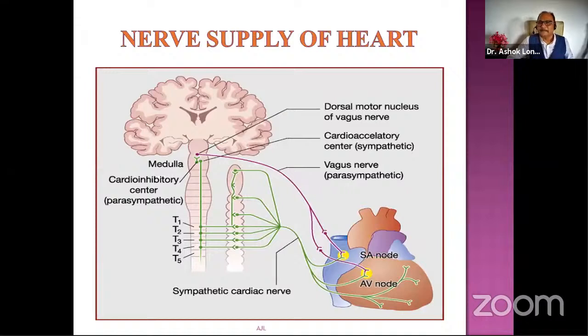Now, the nerve supply of the heart. You know there are two important nerves, sympathetic and parasympathetic. Here you get the sympathetic supply through T1 to T5, and the vagus nerve supplies as the parasympathetic nerve. This supply goes to the SA node and the AV node.